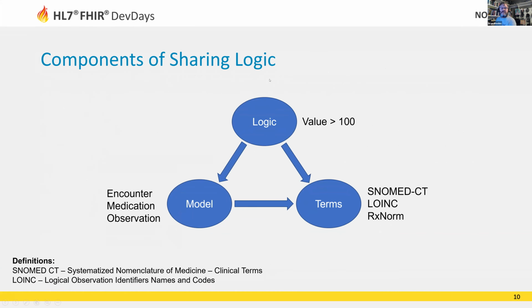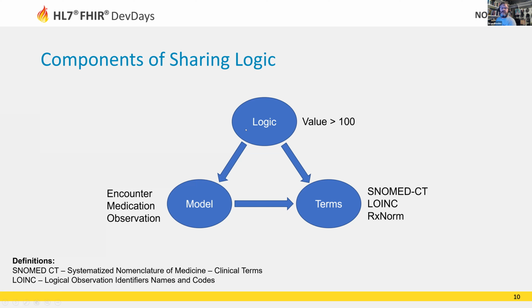So one of the main design goals of CQL, as I said, was sharing logic. And so one of the architectural features of the language is that we've kept the notion of the model and the terminology separate from the logic. So you can use it with different models, different information models, and you can use it with different terminologies.